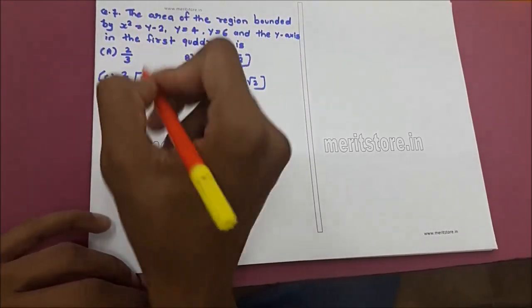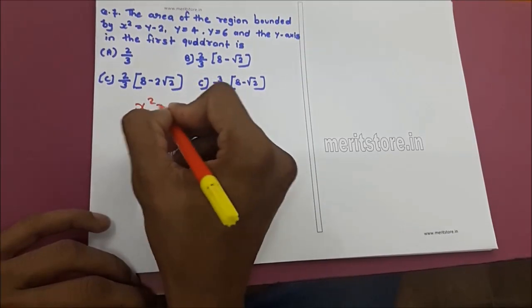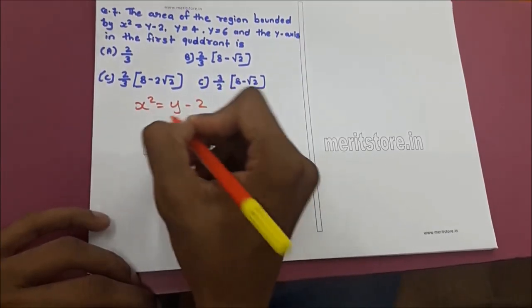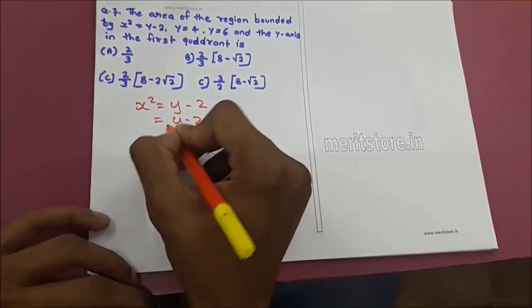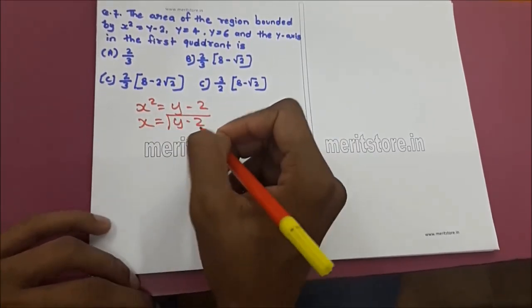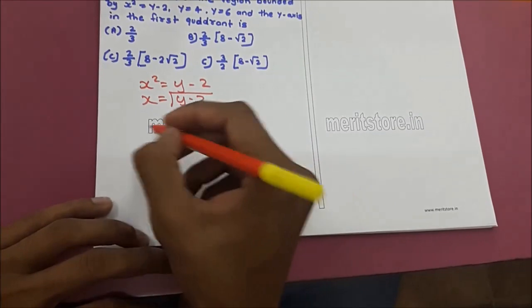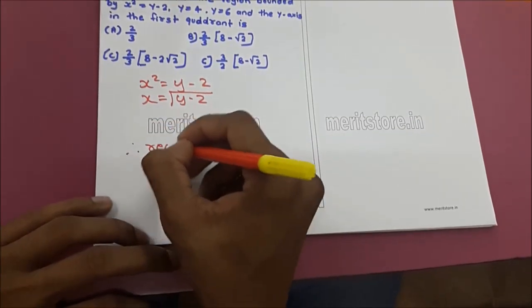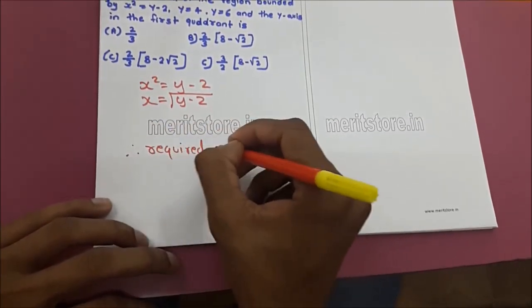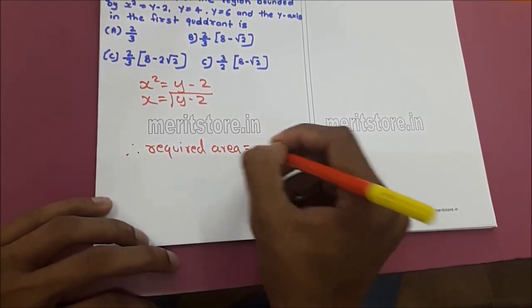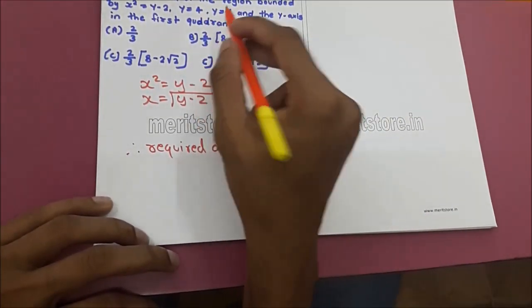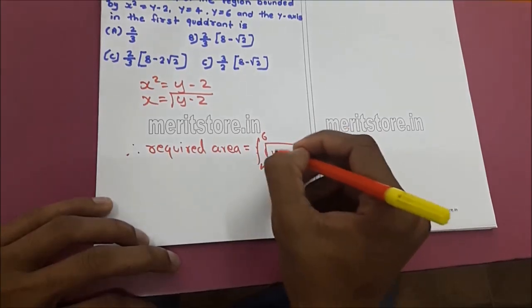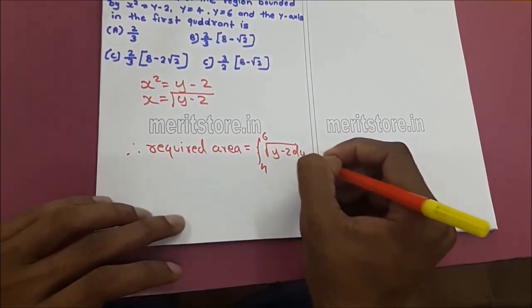We solve the equation x square is equal to y minus 2, taking the root on both sides, we get x is equal to root y minus 2. Now therefore the required area will be integral from 4 to 6 of root y minus 2 dy.